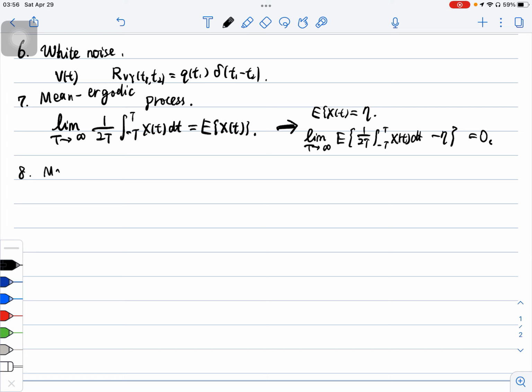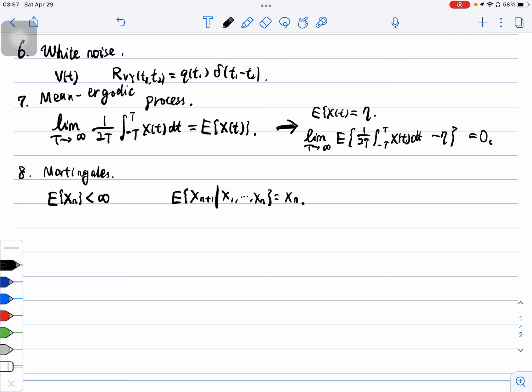Eight, martingales. A discrete time martingale is a process x1, x2, x3, and so on that satisfies the expectation of |xn| is finite, and this.